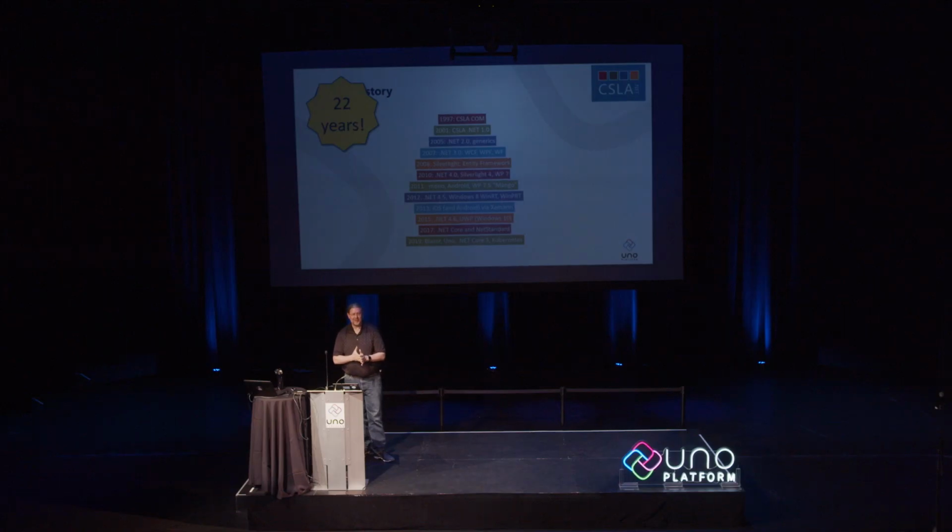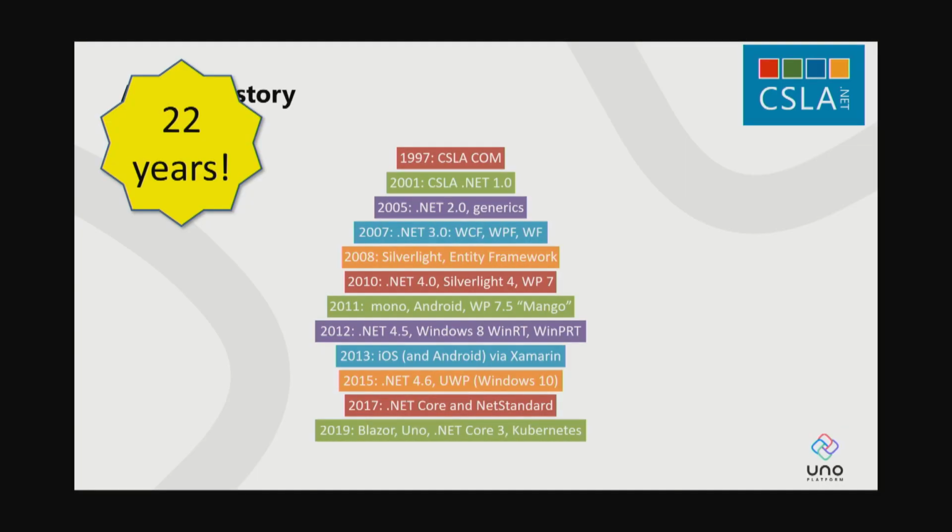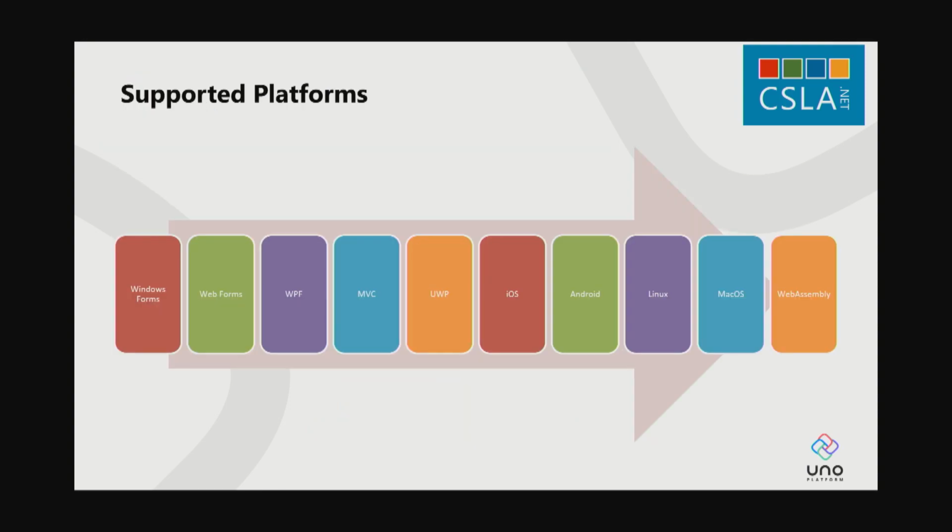So yeah, I've been doing this. CSLA is now 22 years old as of like this month, which is kind of cool. It started as a COM project and then became a .NET project. So I've been running an open source project for an extremely long time, which again, I think is kind of cool and fun.